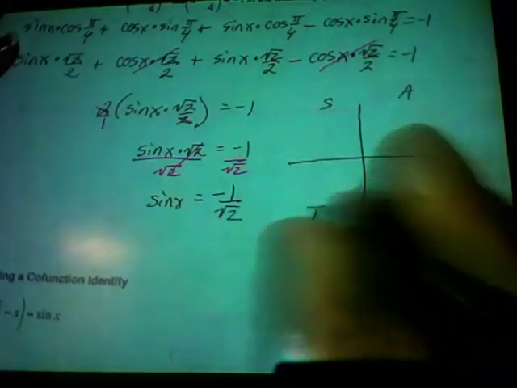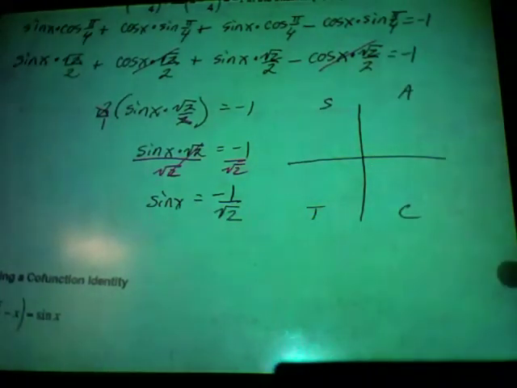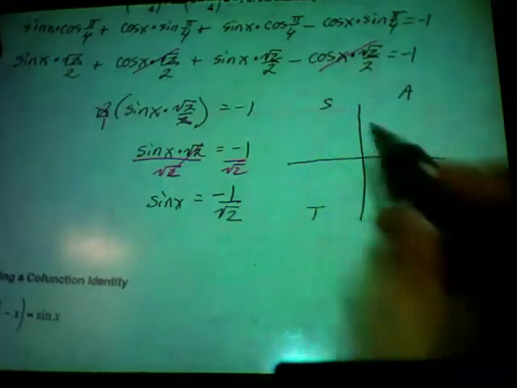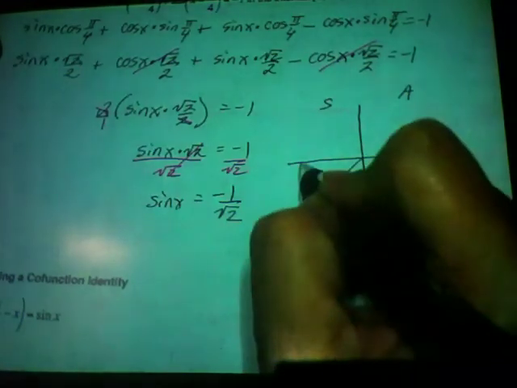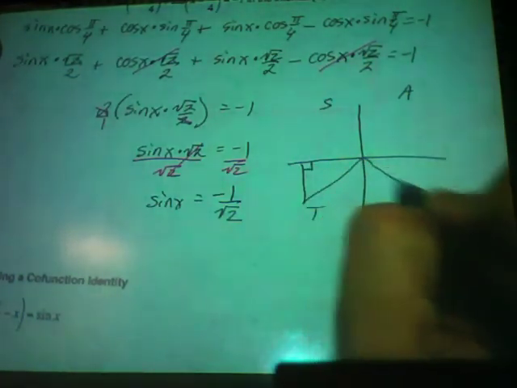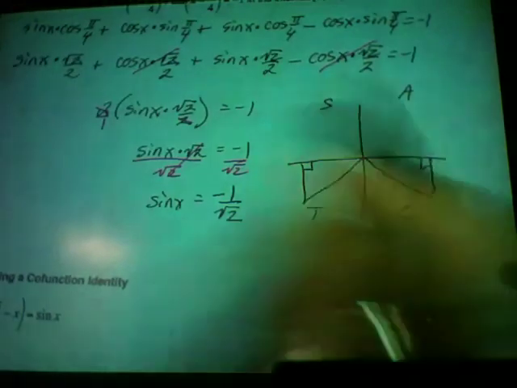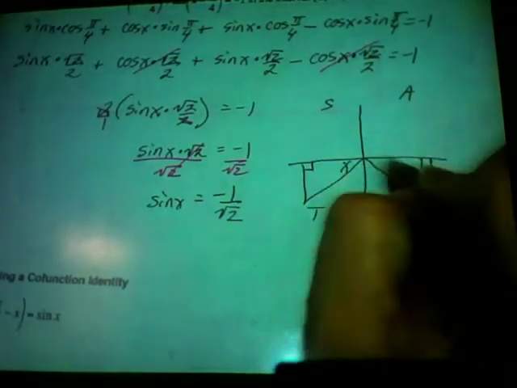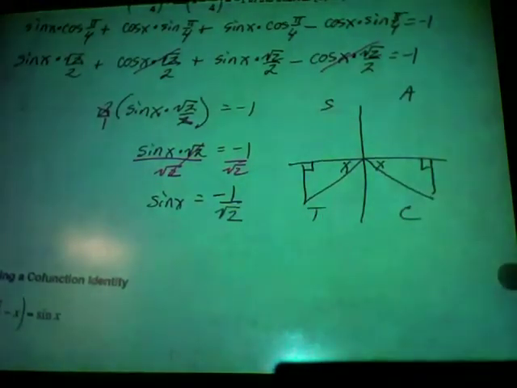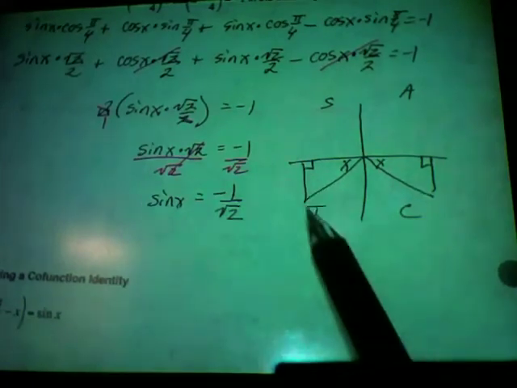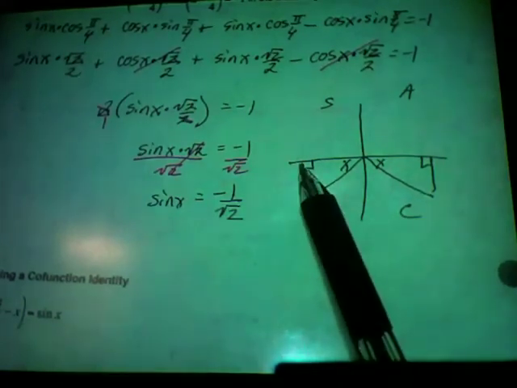All students take calculus. It's here, right? So we're going to put in a reference triangle here and a reference triangle here. And then this is my x, and this is my x. Remember, your right angle goes perpendicular to the x-axis always.